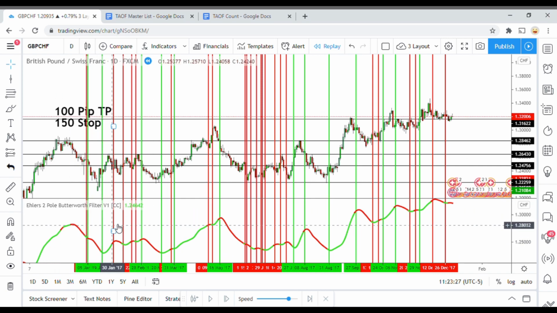So let's go ahead and count these out and see what we got. We have 37 trades all together, and 13 winning trades.